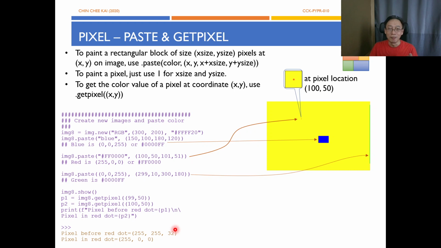That's our yellow. It's not red. But if we get pixel at 100, 50, we see that it is full red, no green, no blue, which is the red dot. So yes, we can teach our Python program to look at that pixel and say what color it is. And that's the beginning of how we can ask our Python program to inspect the image pixel by pixel if you want. Yep, so that's the beginning of good stuff, right?